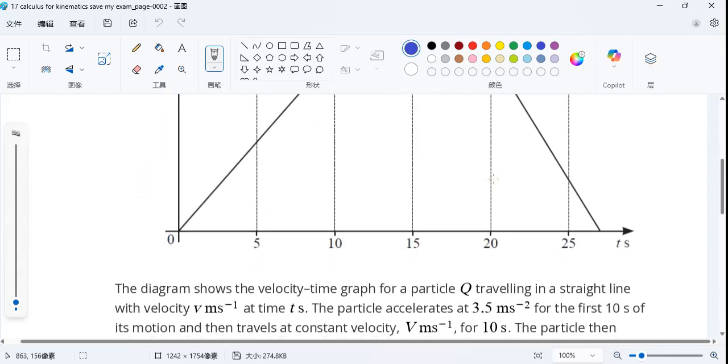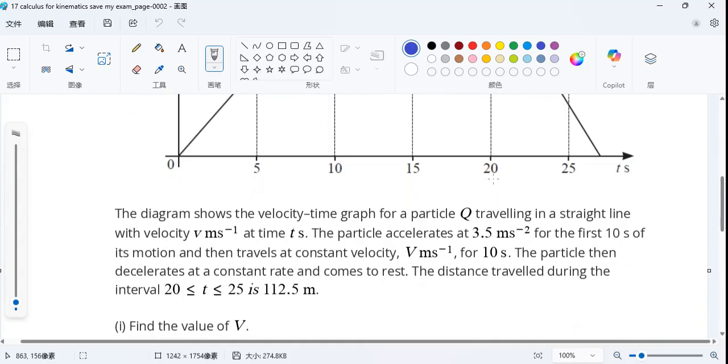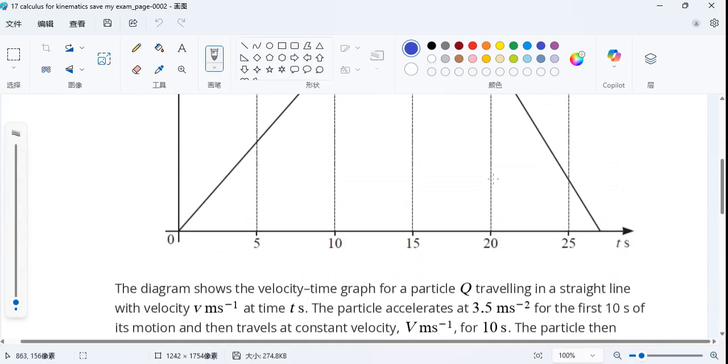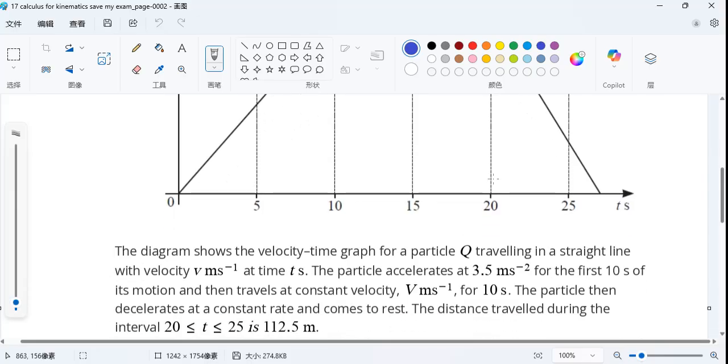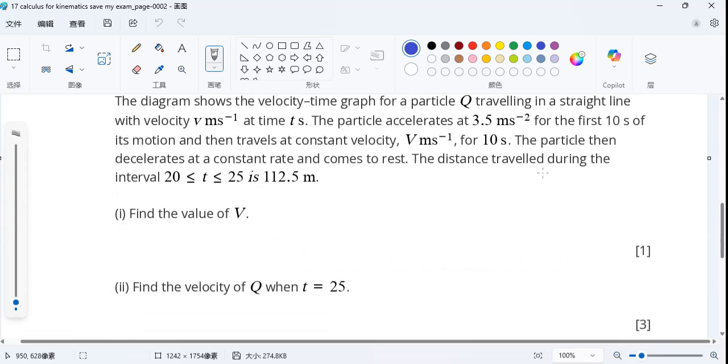The diagram shows a VT graph for particle Q travelling in a straight line with velocity v at time t. The particle accelerates at 3.5 meters per second squared for the first 10 seconds of its motion and then travels at a constant velocity v for 10 seconds.